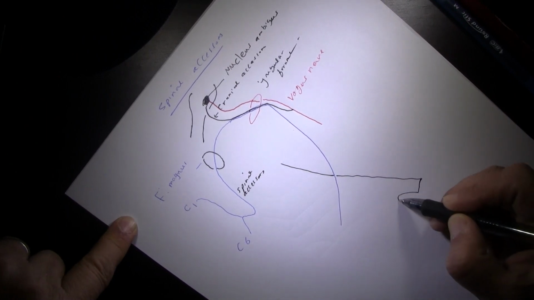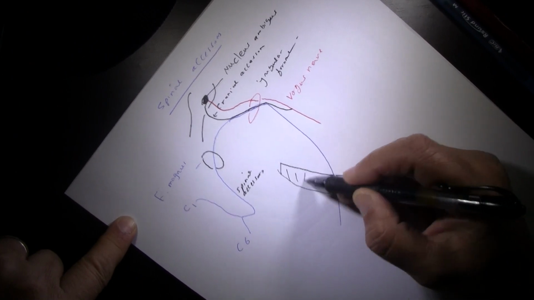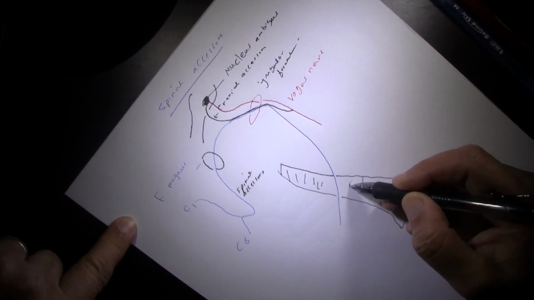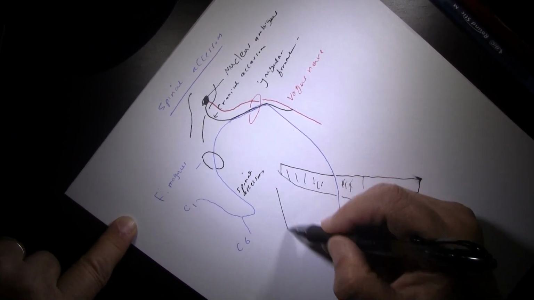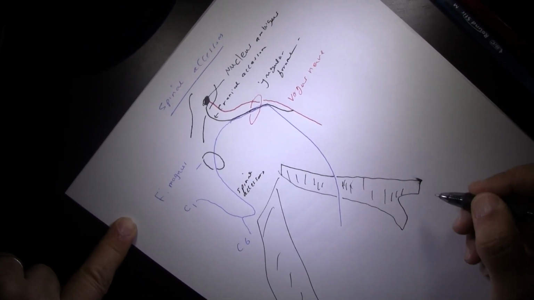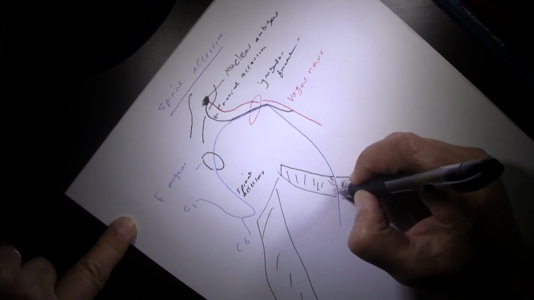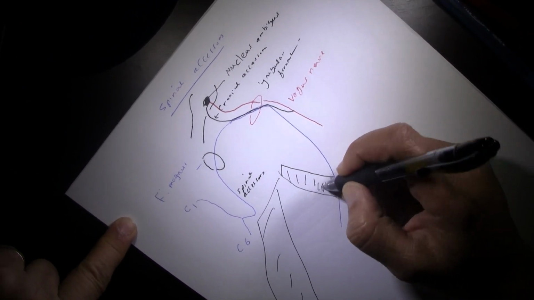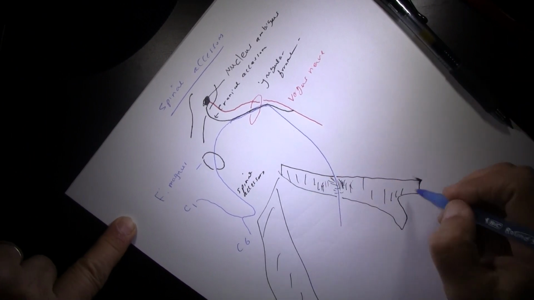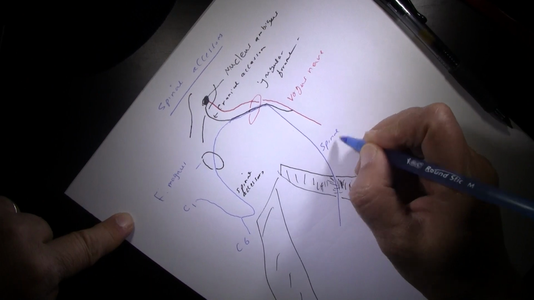This is the sternocleidomastoid muscle, and here is the trapezius. The nerve penetrates the muscle at the junction between the upper third and the lower two-thirds.